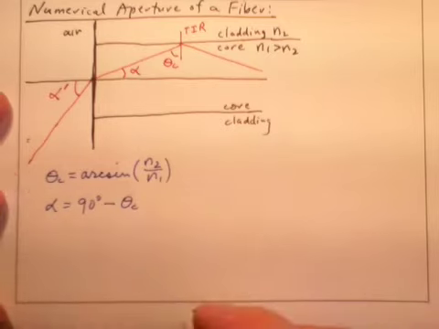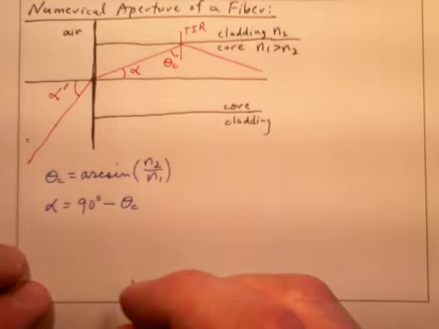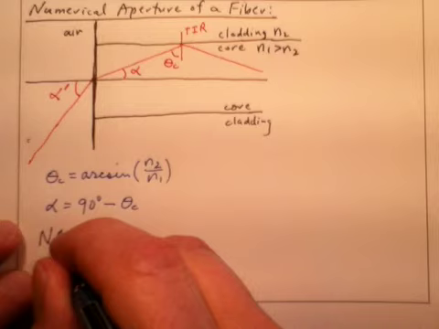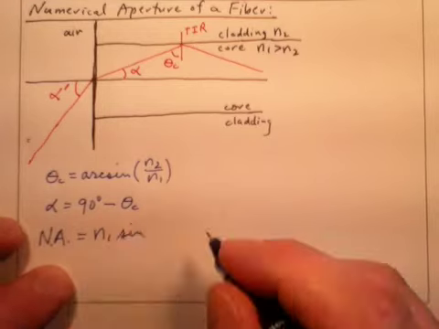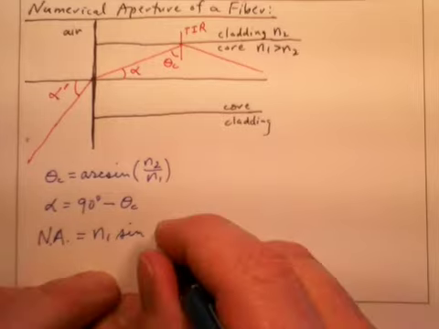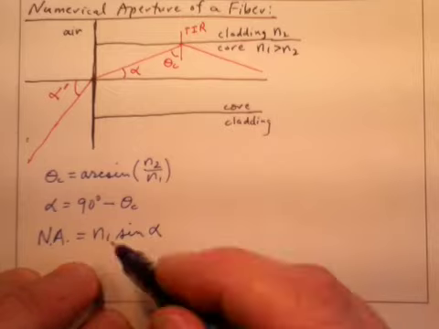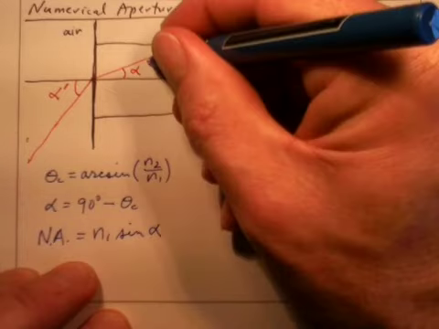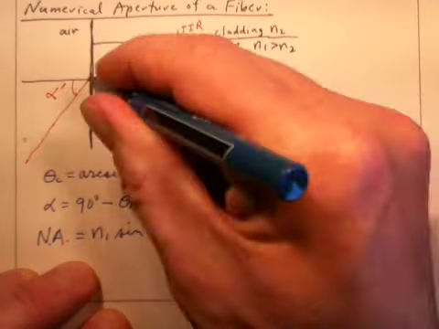We also know that the numerical aperture of the fiber is equal to N1 sine alpha, where this numerical aperture is characterizing this cone of rays inside the fiber.